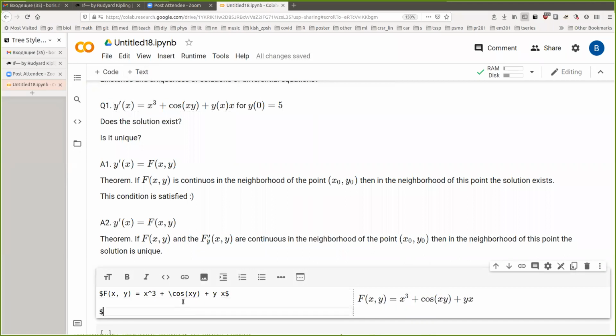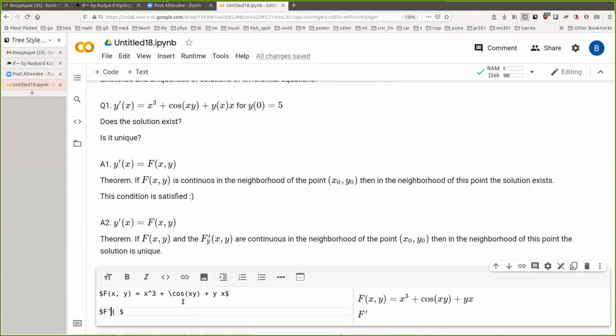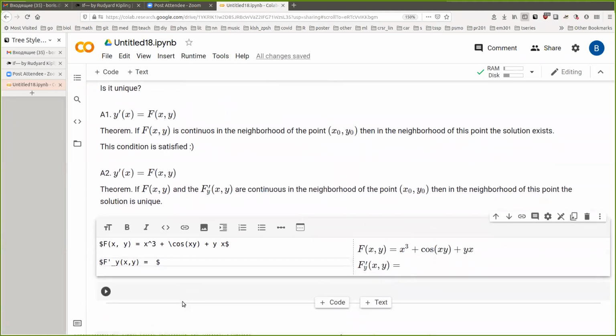If I calculate the derivative with respect to y of this function, then I will get just minus x times sine of xy plus x. So it's just the derivative with respect to y, okay?